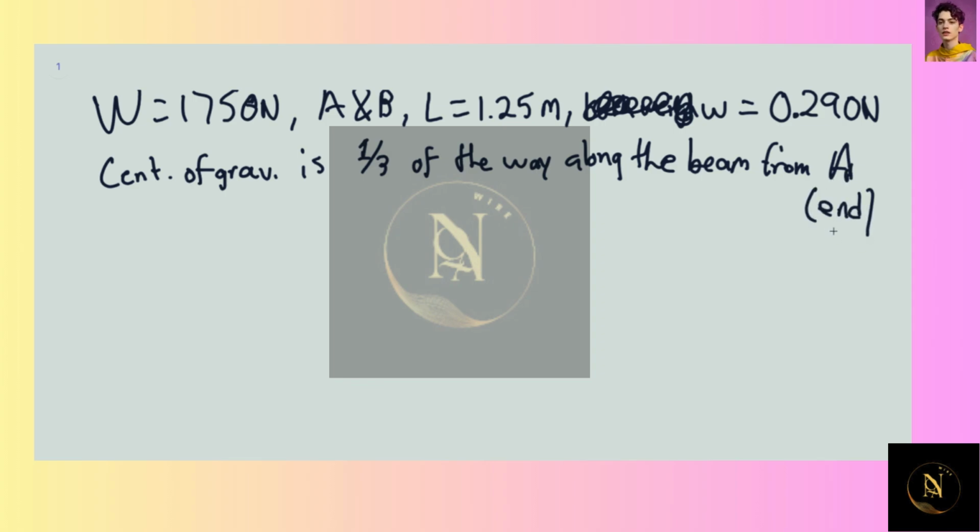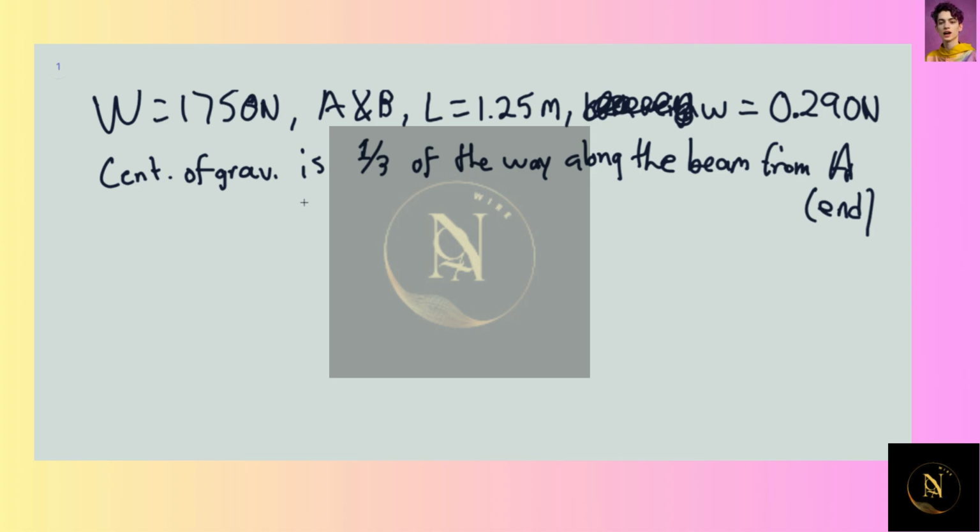There's a wire connected to the end of the beam, wire A, and 1/3 of the way along the beam from that end is the center of gravity.